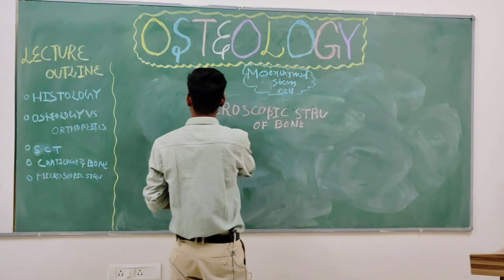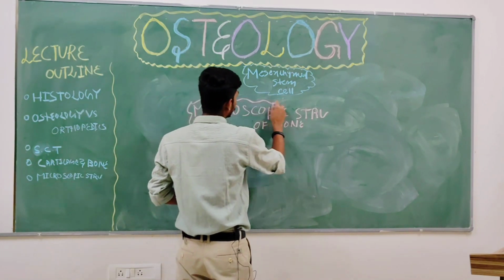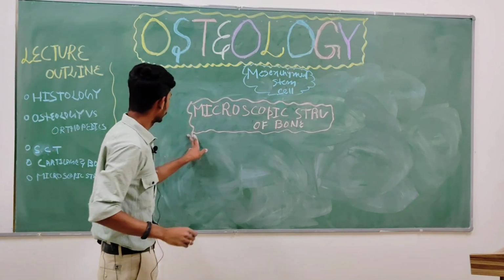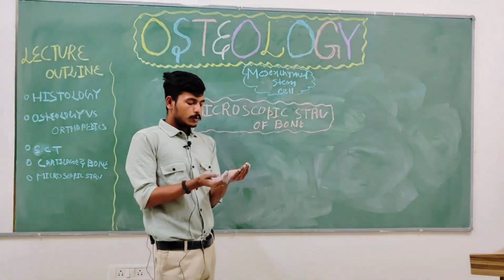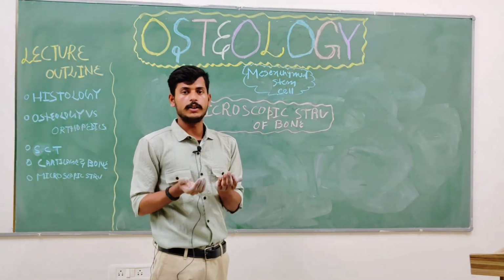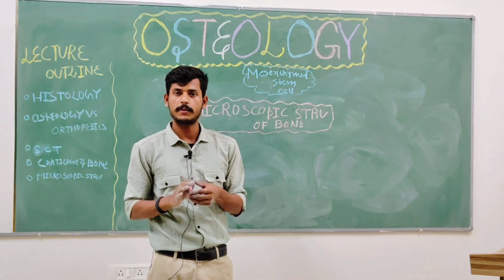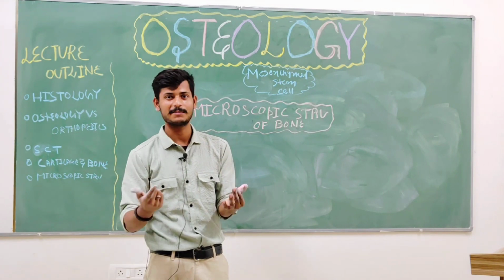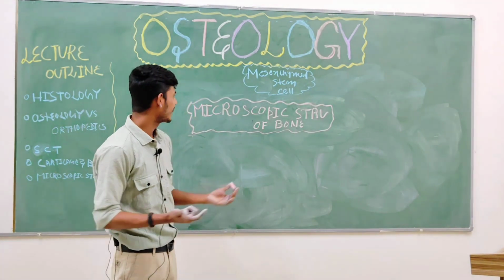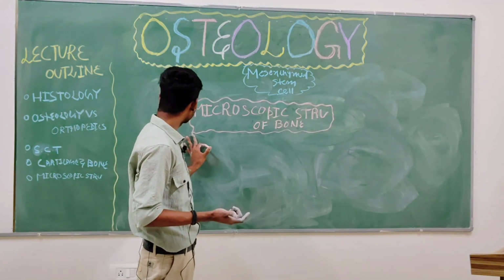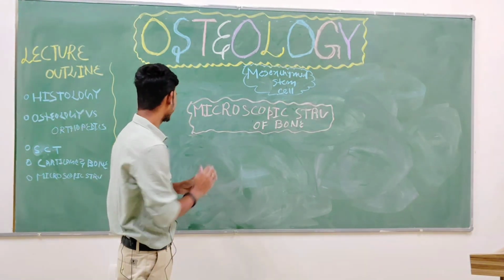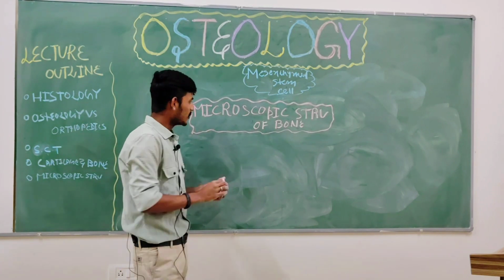Microscopic structure of bone. See, when you take a bone in your hand, did you ever take a bone in your hand? Suppose a chicken leg piece. I'm not supporting non-veg, I'm just saying.